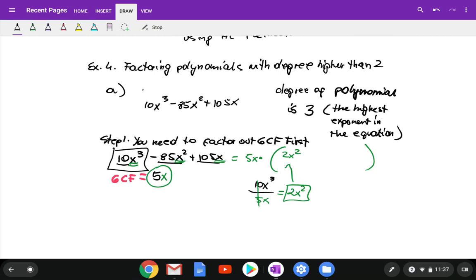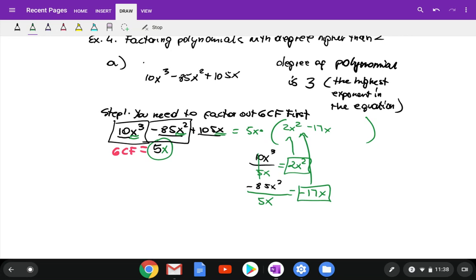Then take the next expression, negative 85x squared, divide that by your GCF, 5x, and we will end up with negative 85 divided by 5 which is negative 17, x squared divided by x is just x. So negative 17x will be in the parenthesis.